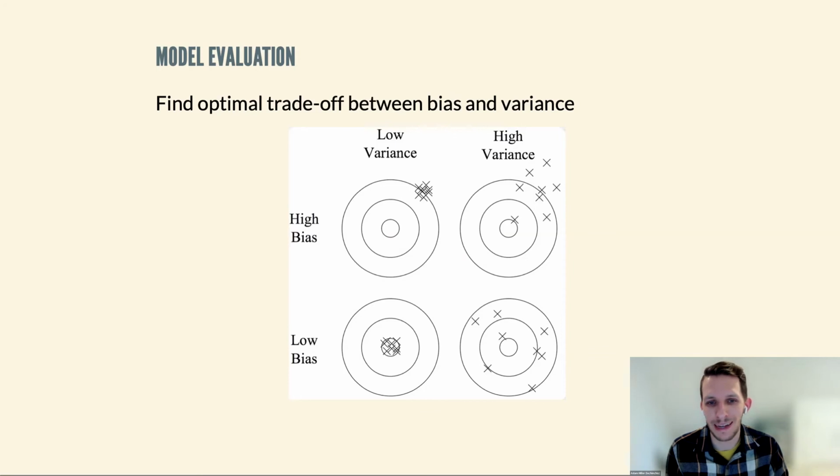This game of optimizing your model and evaluating it is essentially a way to try and find the optimal trade-off between bias and variance. So here we have some examples of low variance and high variance. In the upper left-hand corner, right, high bias, low variance, that is an underfit model, right? So it doesn't matter what the input is, you're always going to get roughly the same output, okay? In the lower right-hand corner is a low bias but high variance model.